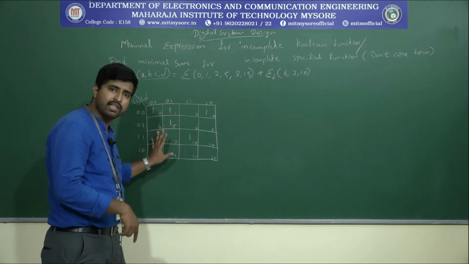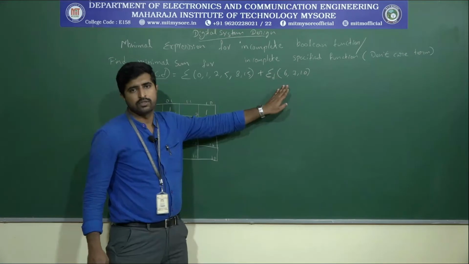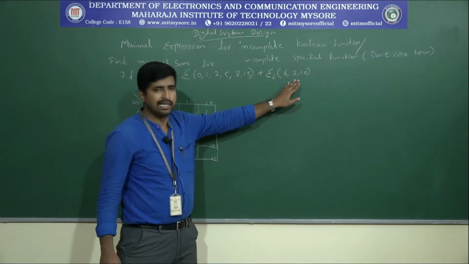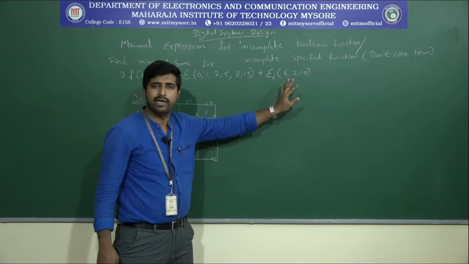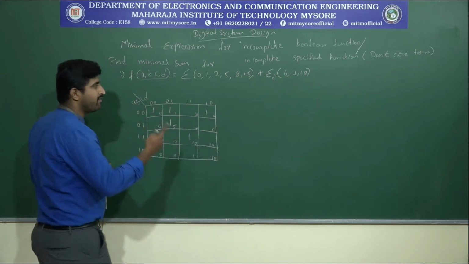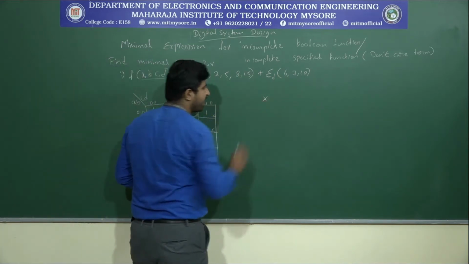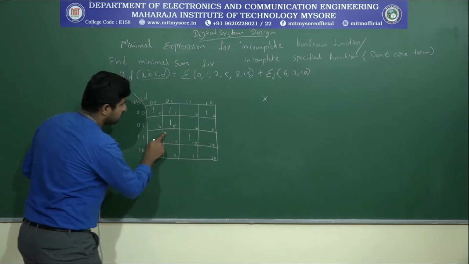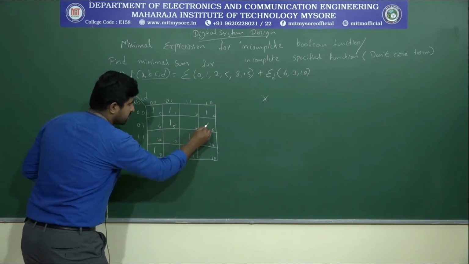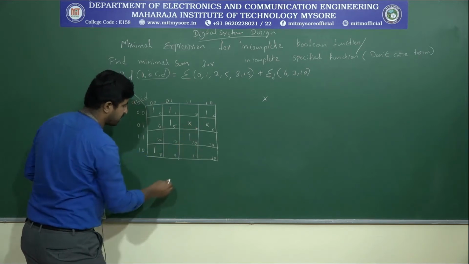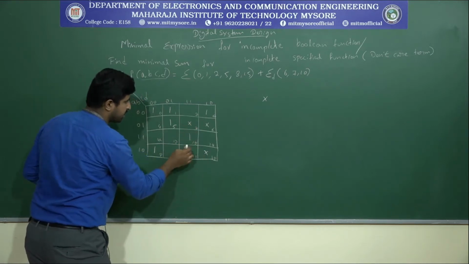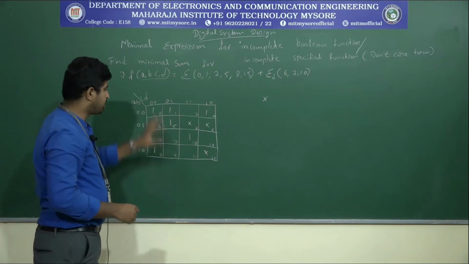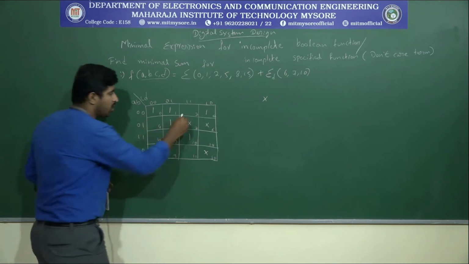But here they have also specified don't care terms, so for cell numbers 6, 7, 10 we need to enter a don't care. I will use the symbol x for the don't care. So 6 is x, 7 is x, and 10 is x, and for the remaining we place the logic 0.